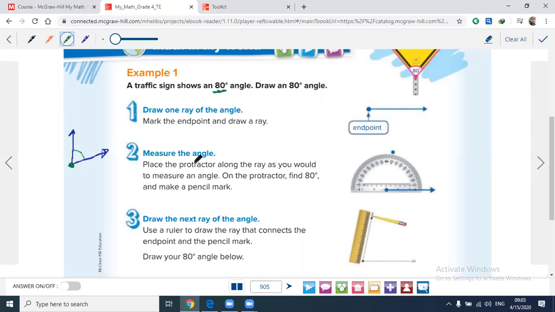Second step, place the protractor on the ray, with the center of the protractor on the vertex. Then place the zero and count from zero until you reach the measure given to you, which is 80. Count from 0 to 80, then mark it with a dot, like this.